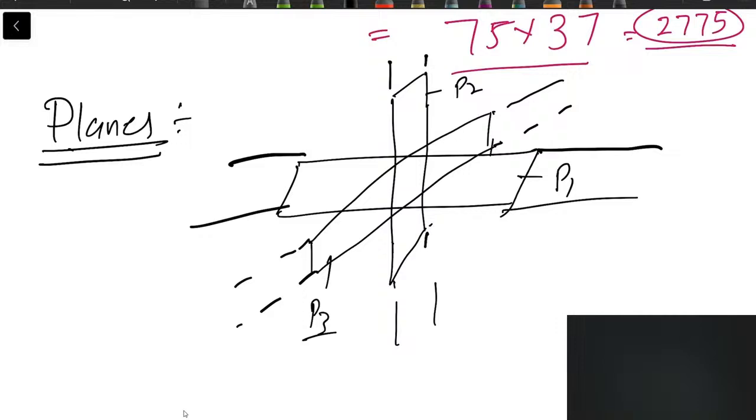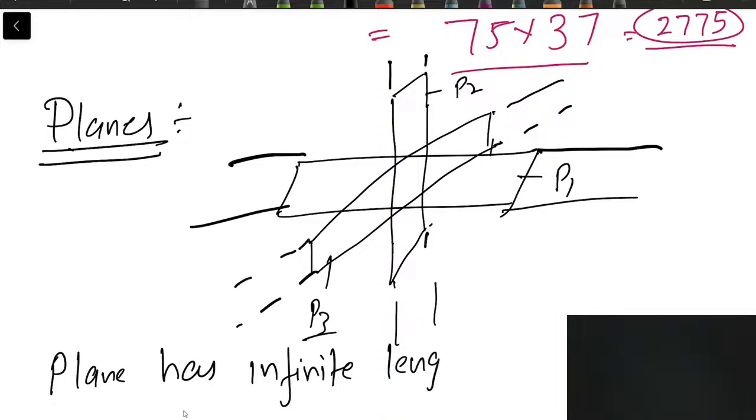Okay. So let's have a point about it. A plane has infinite length and breadth, but has no thickness.